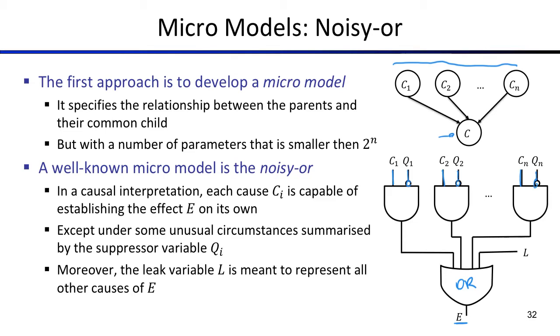And we have one final variable here that we call the leak variable, and it has a meaning sort of representing all the possible causes for E. So just to make a very simple example, maybe it's not the best example because it doesn't match exactly this causal interpretation, but we can think about a disease that's very common, has different symptoms, that is flu.